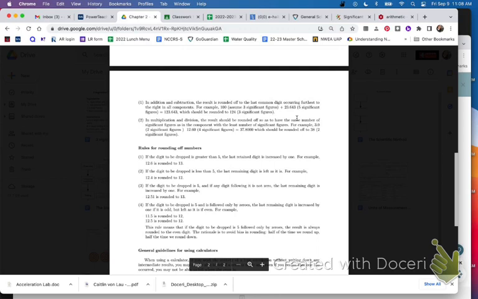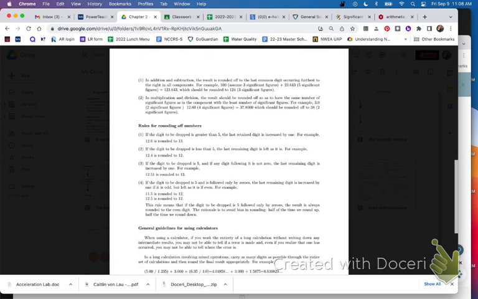The other rules have to do with if you're dropping the number 5, okay? So if you're dropping the number 5 and there's any numbers after that 5 that are not 0, so even if there's a couple zeros and then like an 8, if there's any numbers after that 5 that are greater than 0, then you're going to round up.